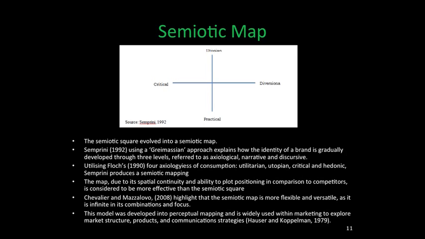The map, due to its spatial continuity and ability to plot positioning in comparison to competitors, is considered to be more effective than the semiotic square. However, Chevalier and Mazzalovo highlight that the semiotic square is more flexible and versatile as it is infinite in its combination of focuses. The model developed into perceptual mapping, which is widely used today within marketing to explore the market structure, products and communication strategies.